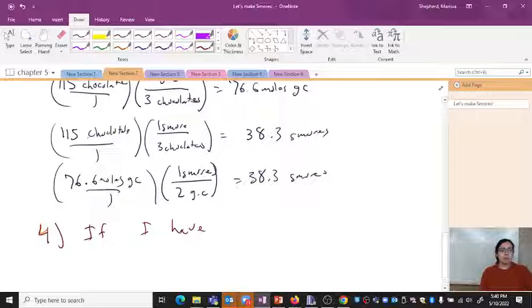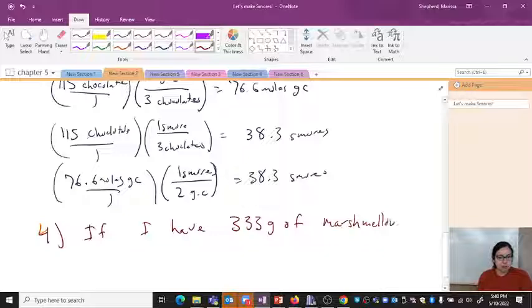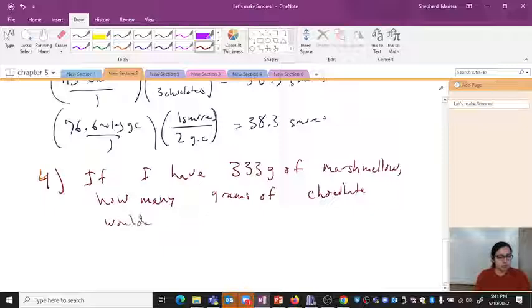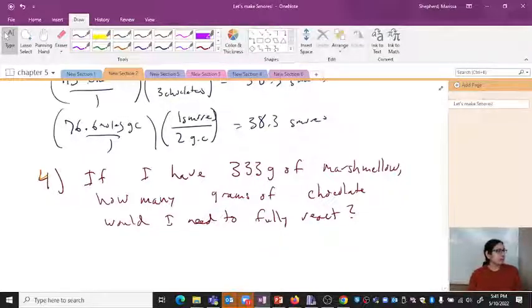If I have 333 grams of marshmallow, how many grams of chocolate would I need to fully react? So see if you can figure out how you might approach that.